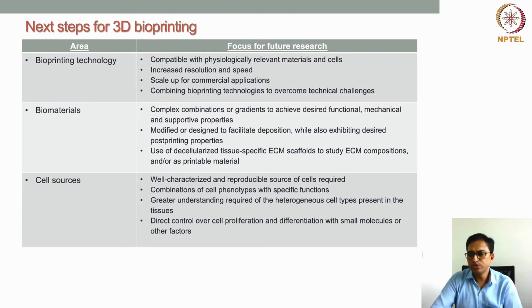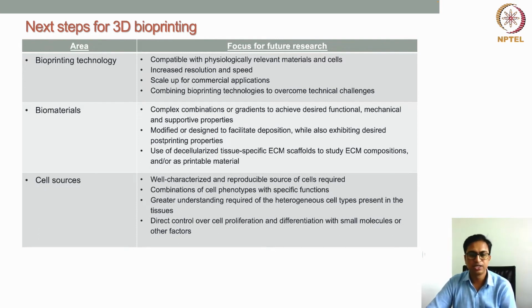Because the tissue or organ structure is so complex, if you consider the ECM, it is a combination of a variety of bioactive molecules: there are carbohydrates, proteins, growth factors, and other bioactive factors.